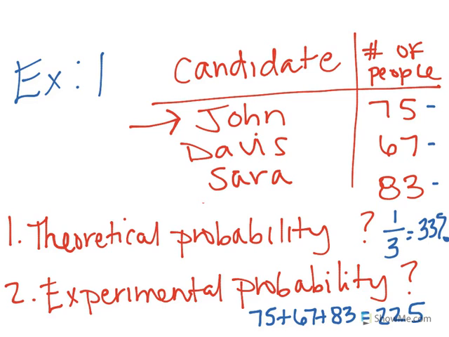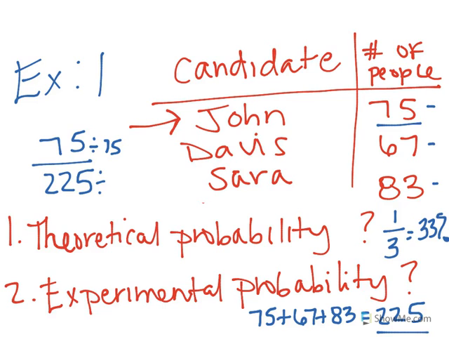Well, experimentally, there's only 75 out of 225 people that voted for him. So my fraction is 75 out of 225 voters. And when I reduce my fraction of 75 over 225, I can divide them both by 75 to get my fraction 1/3.